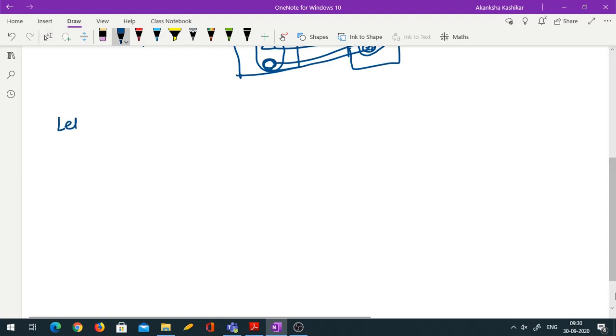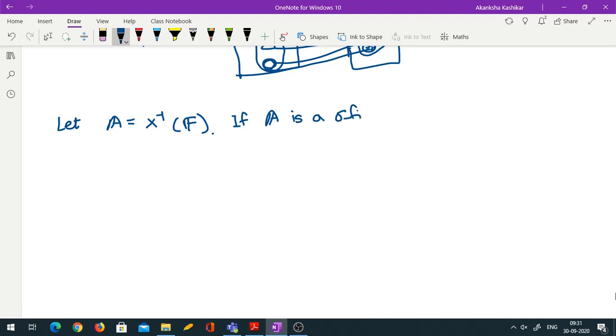So let script A be X inverse of F. So script A is a collection of inverse images of sets from F. So the first result is: if script A is a sigma field, then script F is also a sigma field.